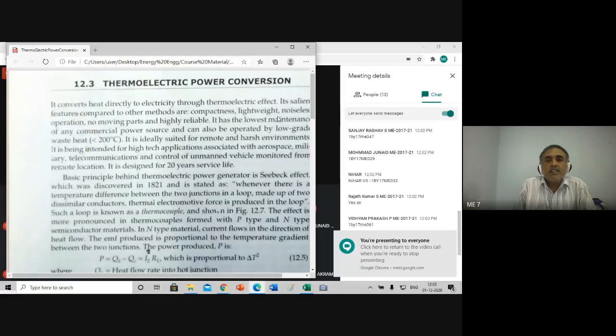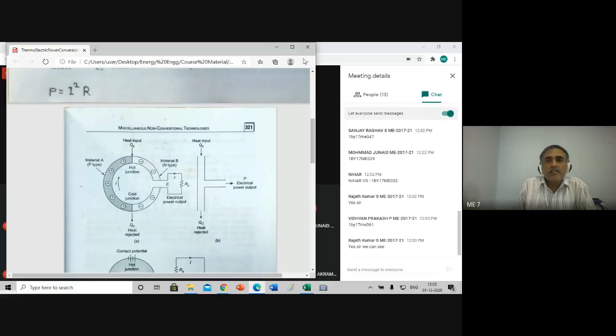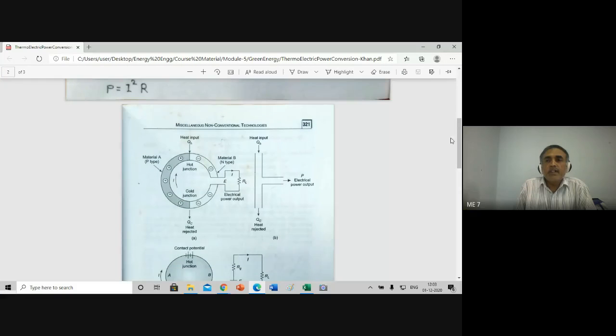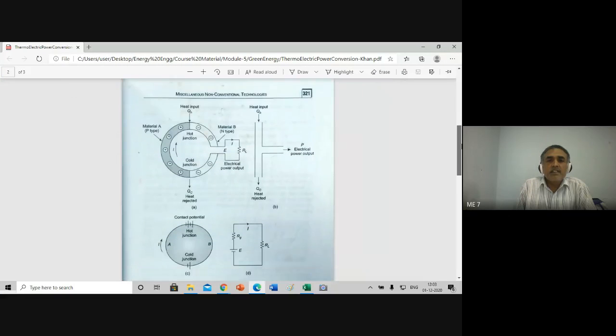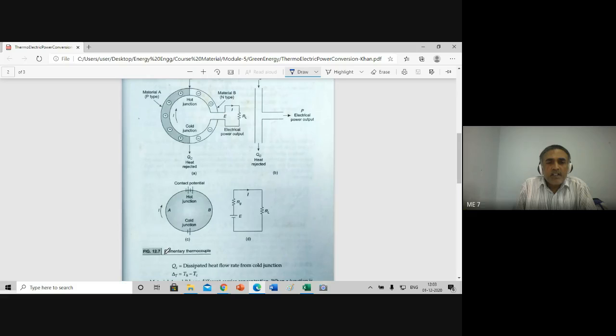Thermoelectric power conversion. Let me take the sketch. This figure you see here is a thermocouple.